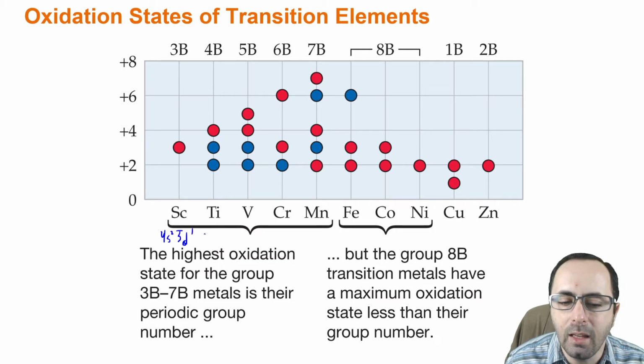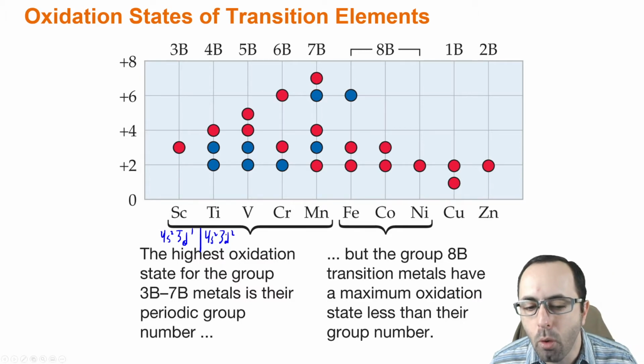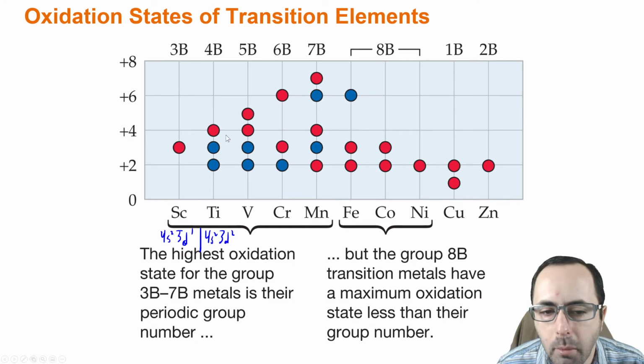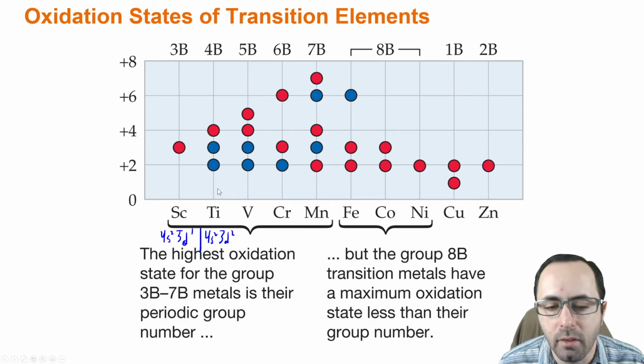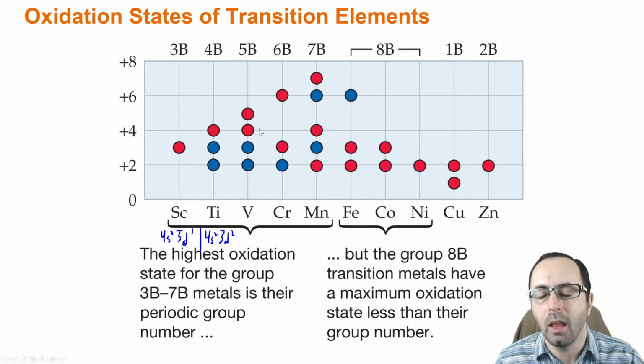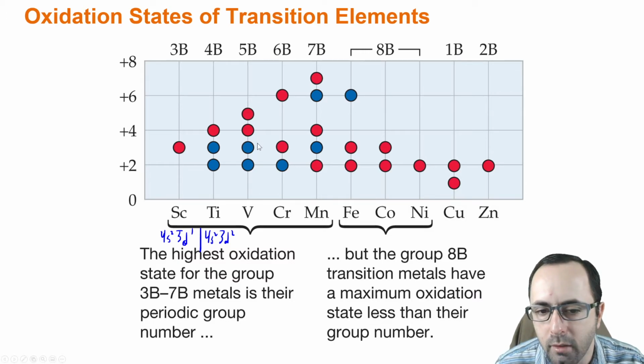For titanium, it's going to be 4s2 3d2 before it's an ion, so it has up to 4 electrons to lose. Most commonly it will lose all 4 and make a +4 ion. It can also make +3 by losing some of these, and +2 ions, but +4 is the most common. If we move forward, vanadium will have 5 electrons in its s and d orbitals, so it can make an oxidation state up to +5.